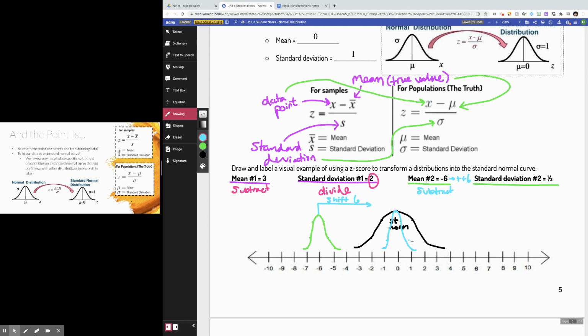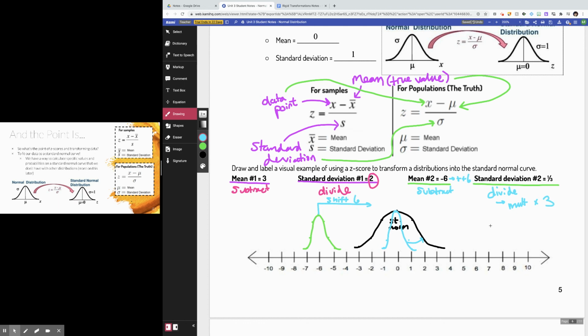So what I have to do now is, if I'm dividing by 1/3, that's the same as multiplying by 3.